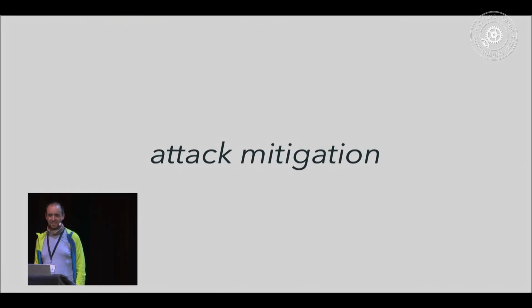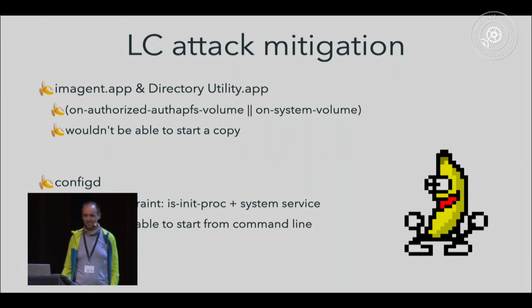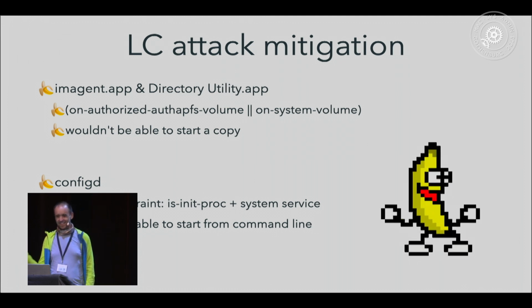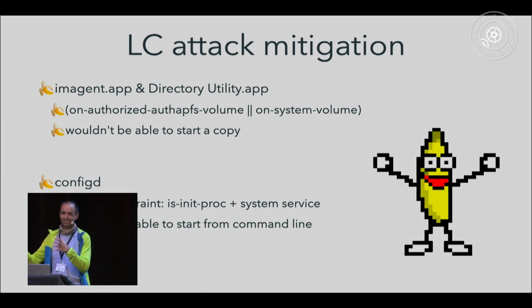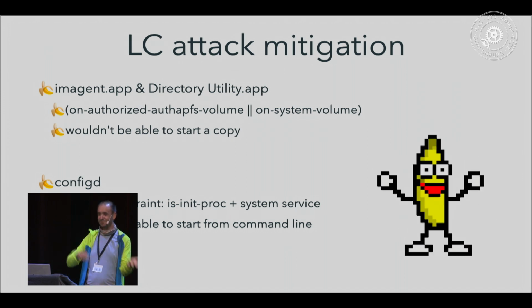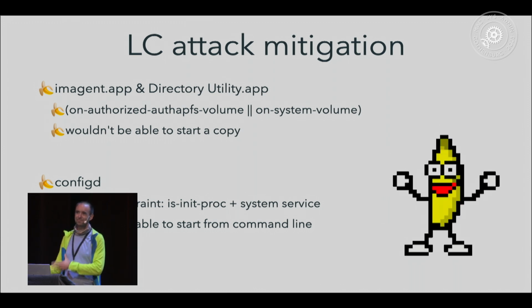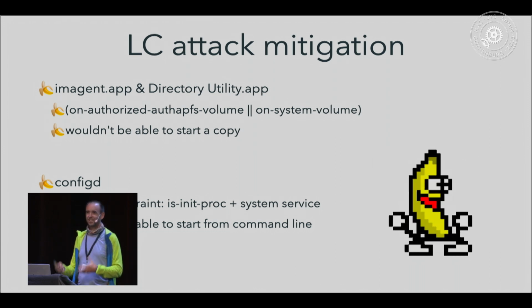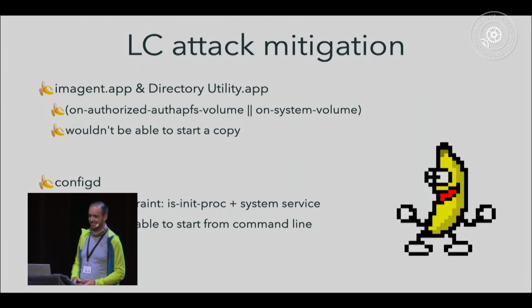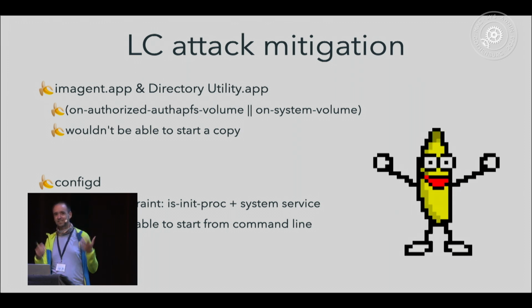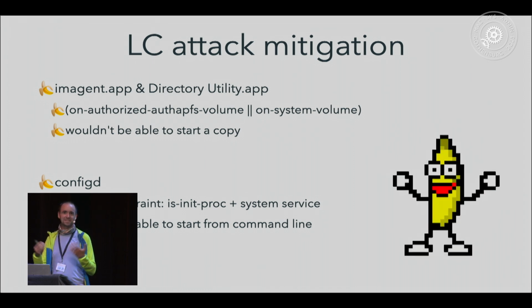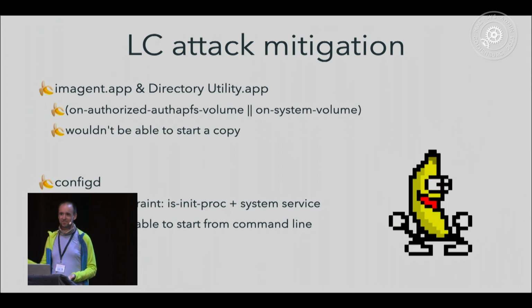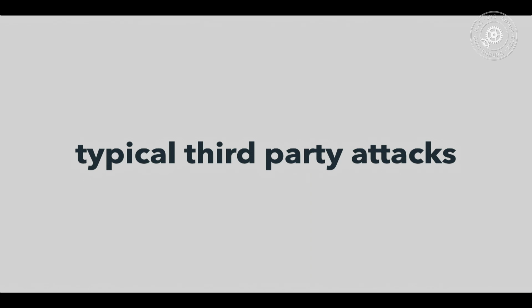So how does it mitigate attacks? Image and tab and directory utility, they have to reside on either the system volume or the APFS volume. So if you copy them out, they will not run. You cannot inject plugins. Config.d, again, it has to run as a system service, must be started by launchd, so you cannot just run it from the command line.